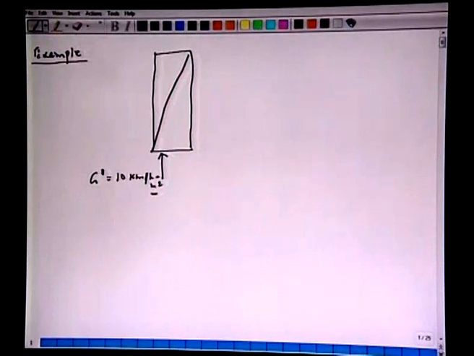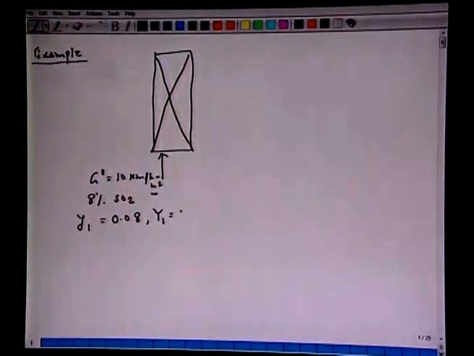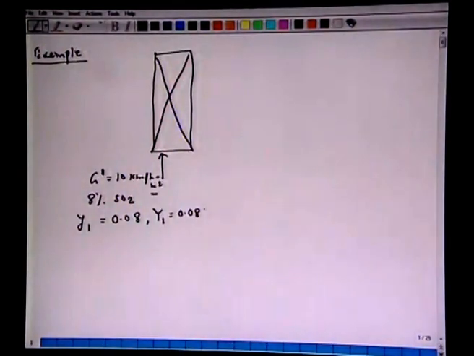So, this is a packed bed absorption column. This gas contains 8% of a certain gas, let us say sulfur dioxide, which means y1 is given as 0.08 mole fraction, and capital Y1 can be calculated to be 0.087, and G prime is the total flow rate, 10 kilomole per hour per meter square.